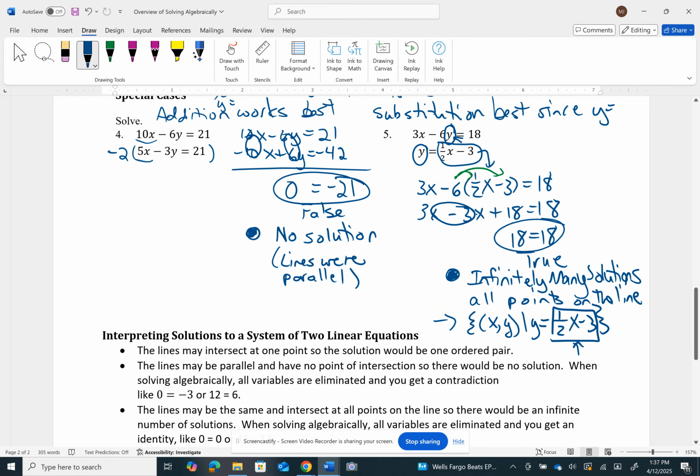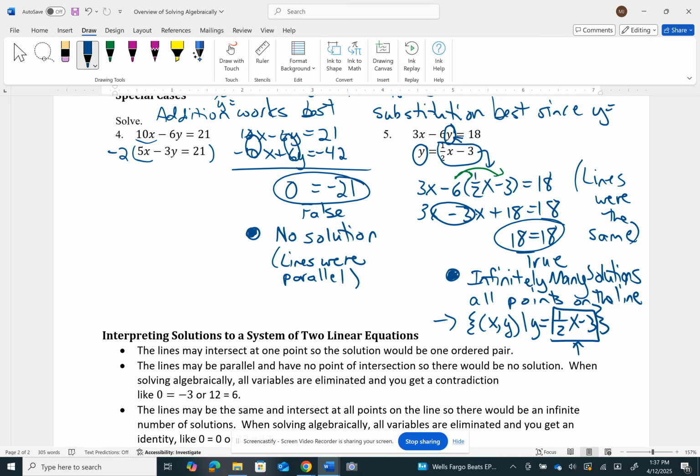What's really going on this one, on the right, if you get infinitely many solutions like that, what was really going on there is the lines were the same, really. They were coinciding lines. So every ordered pair on the line was common to both. Okay.